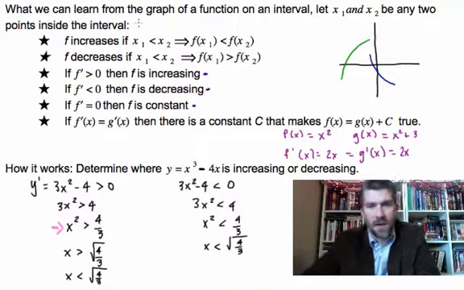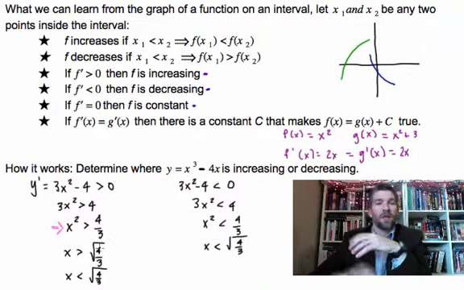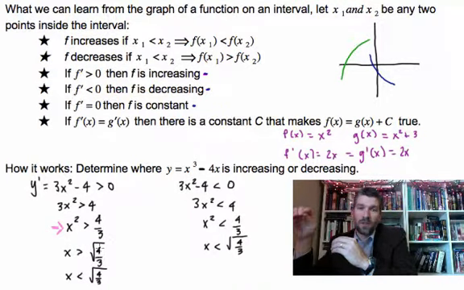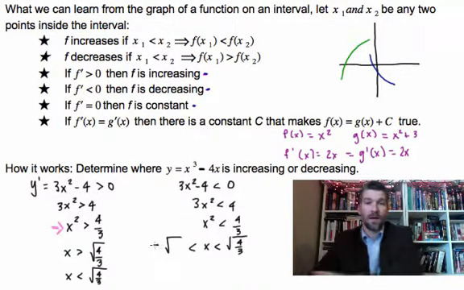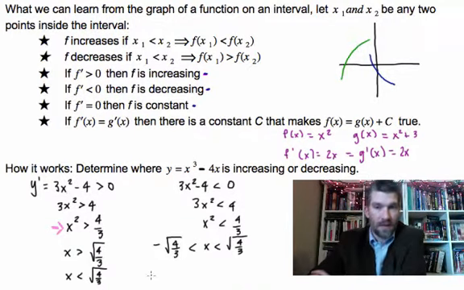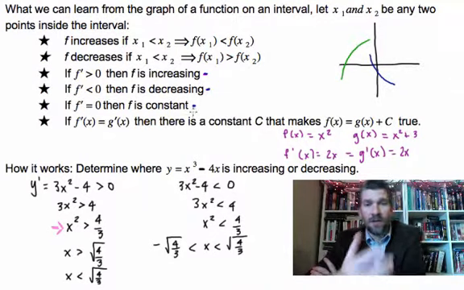I think on the left I miswrote it. I've got x is greater than, and it needs to be greater than the whole way. So x could be greater than 2 over the square root of 3, or less than negative 2 over the square root of 3. I didn't put my negative sign on that very bottommost answer. And so that's where this function is increasing or decreasing.